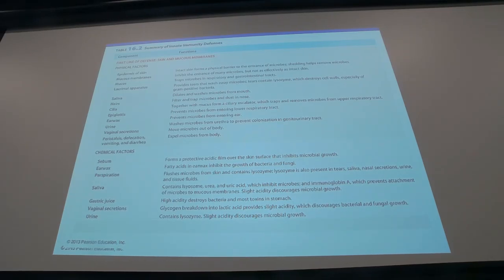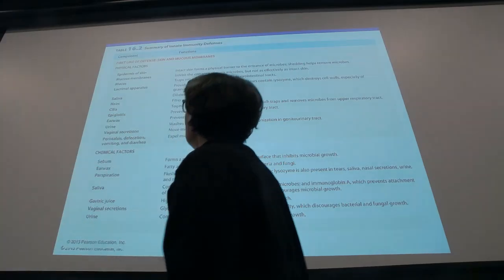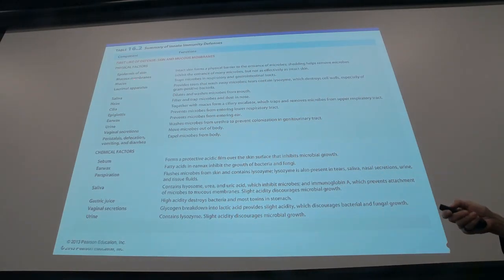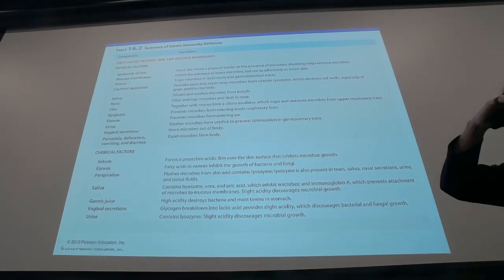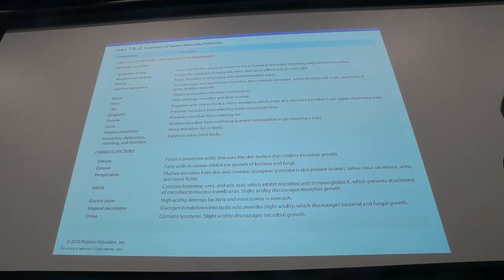So here's a list of all of these components of the first line of defense. So our skin, we have specifically the epidermis, which is made by several layers of simple squamous epithelium, 20 to 30 layers, and it forms a physical barrier.